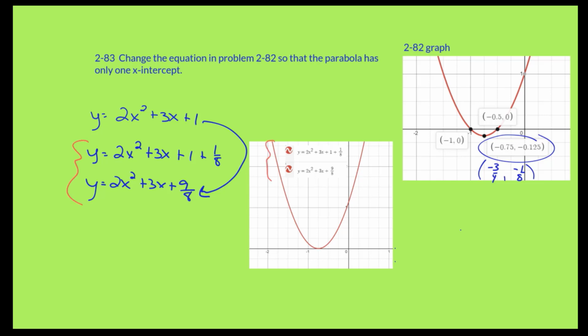And if you notice, we are at -3/4, 0. So that is touching the x-axis at one spot, and that's what they asked us to do. So now that you know how to do that, we'll move on.